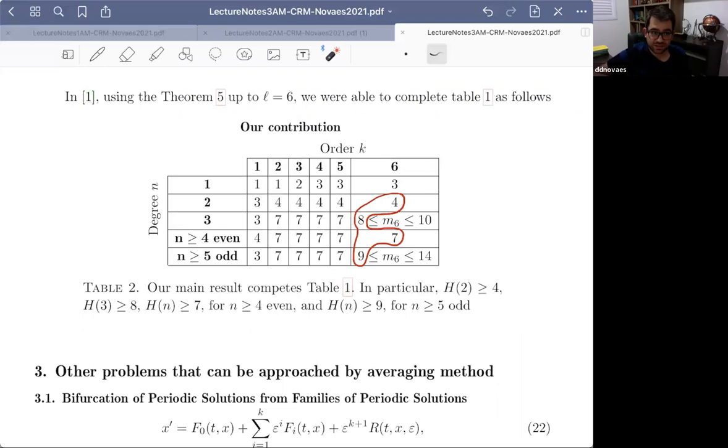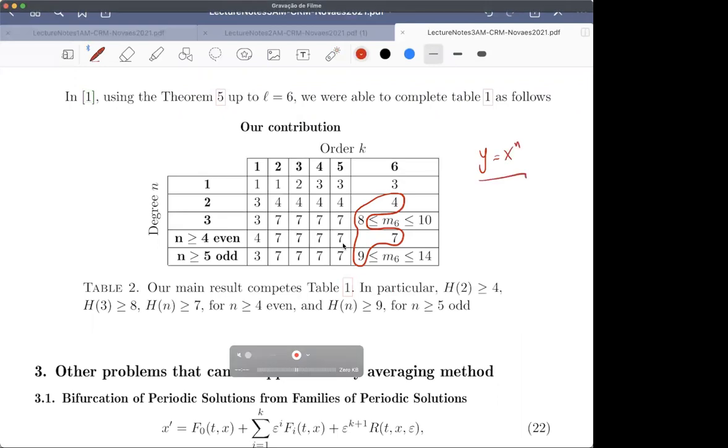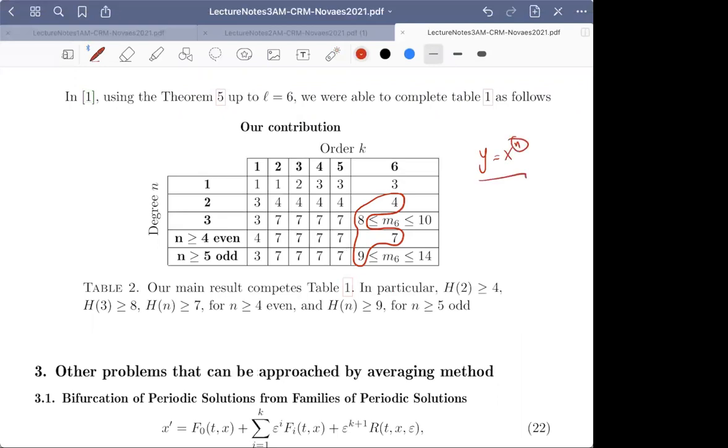No, it's for this curve. Yeah, because if you assume that the curve is a polynomial of degree n, then Hn is at least n over 2 up to first order.